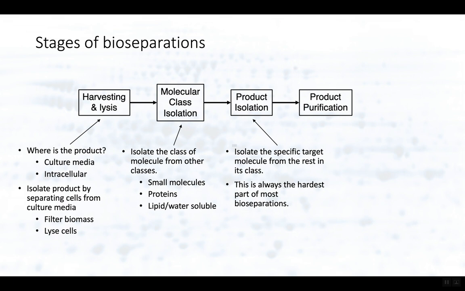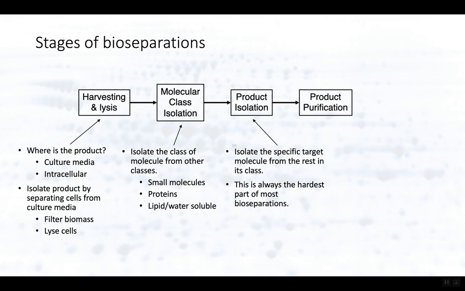We're typically working in aqueous buffer systems, and even within the pH of the buffer, we have a fairly narrow range that we can operate in. This will be discussed further in another lecture, but it limits our choices. So this is always the hardest part of the separation scheme: figuring out how best to isolate the specific product from the remainder of the compounds in its class.